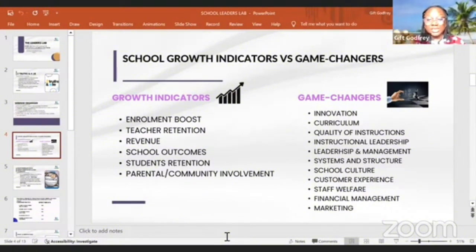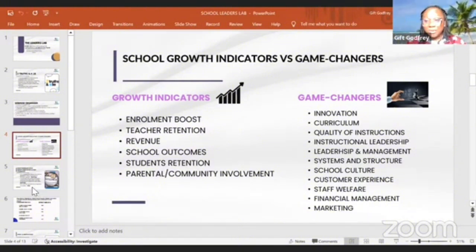And that's what we'll be dealing with today. I think the first 4 or thereabout, we're already handling them today. Instructional leadership. Then we'll have leadership and management, systems and structure, school culture, customer experience, financial management, and then marketing. These are your game changers.